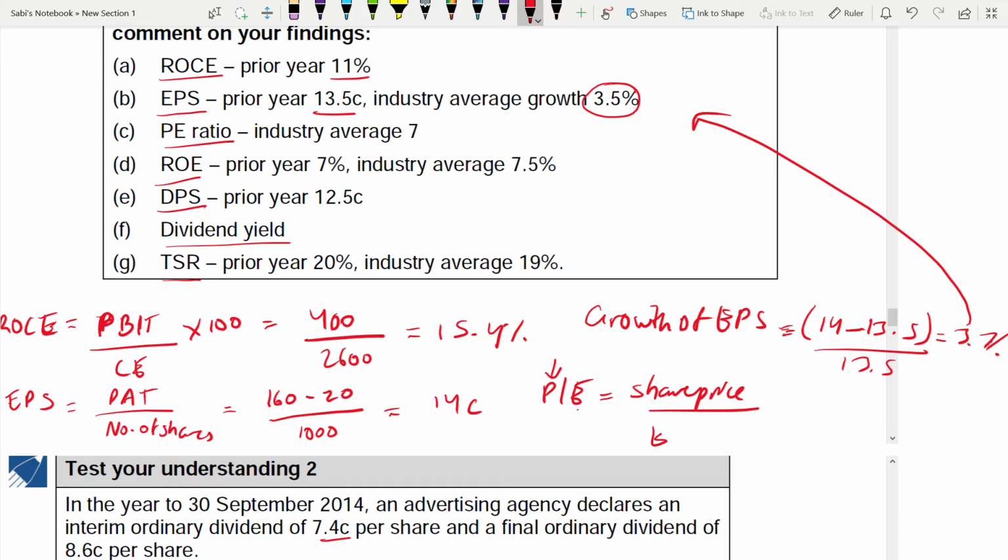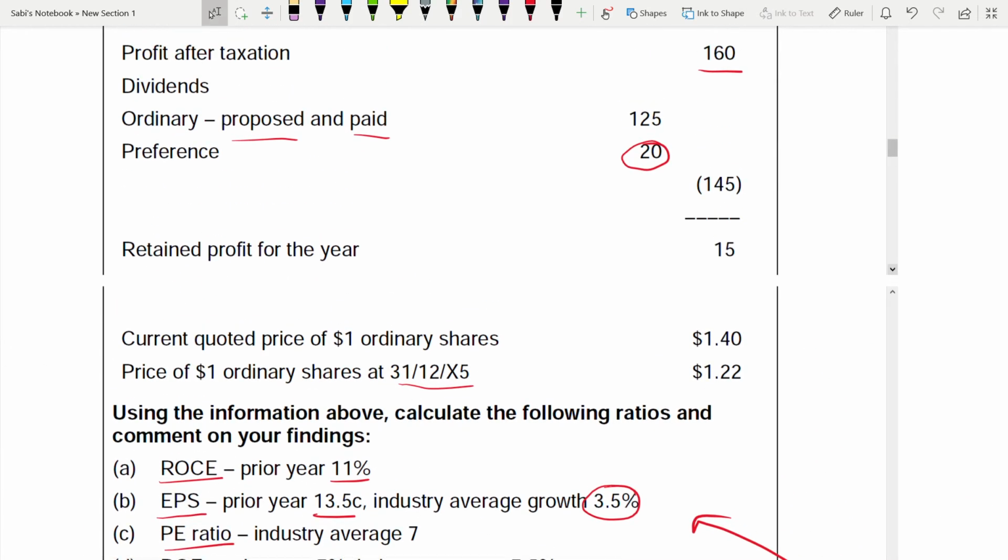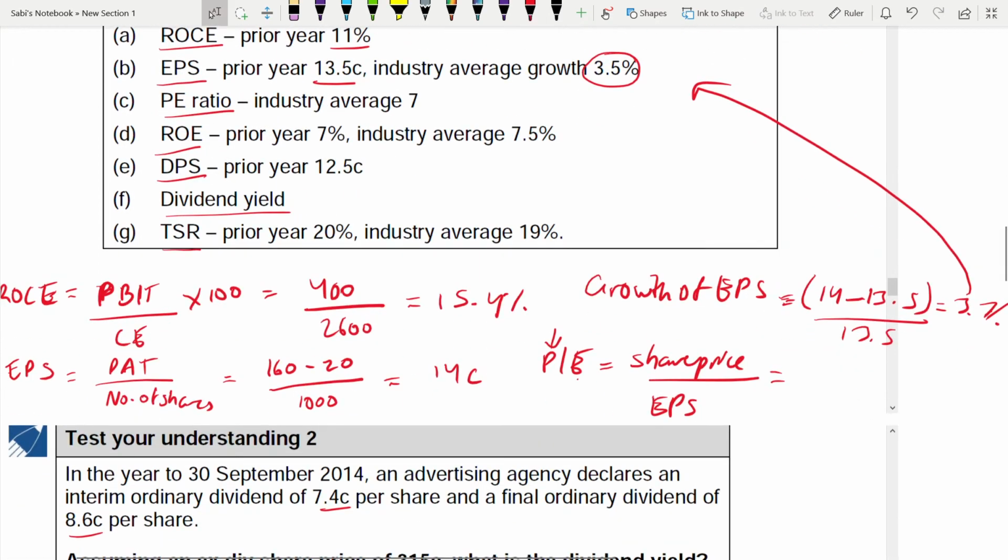You have previously calculated EPS, and the share price they have given you is 1.4. This 1.4 is in dollars. When you convert it, it will be 140C. You have to take it in cents because your EPS is in cents. So 140 divided by 14, both are in cents.